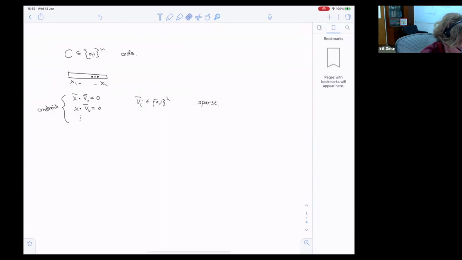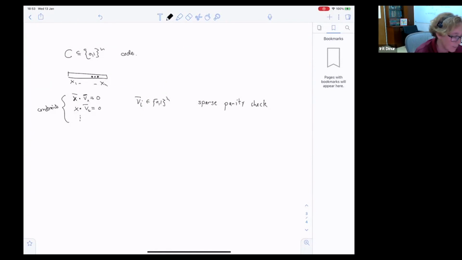Okay, so let me call it a sparse parity check. And what is the constraint or the equation that Vi imposes on my code? The vector x wants to be in my code. You check it against Vi, you calculate the inner product, and the inner product needs to be 0.